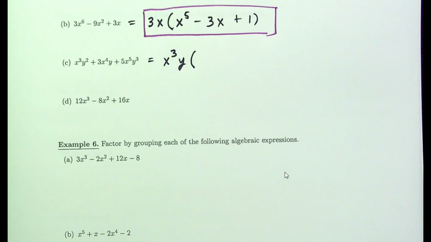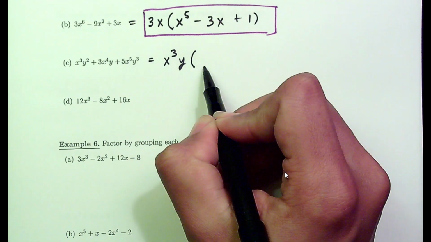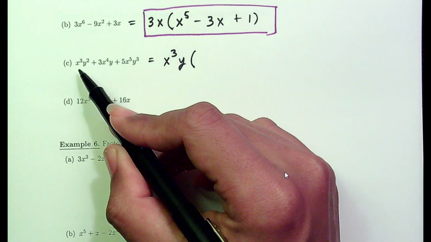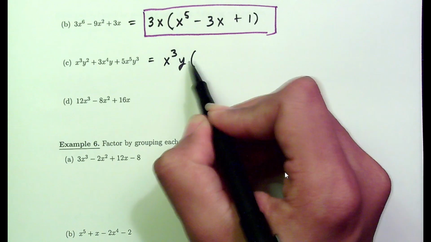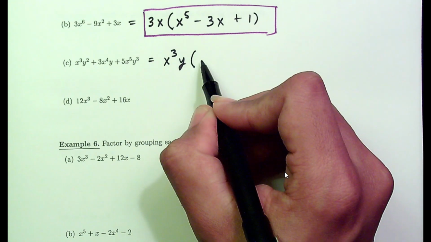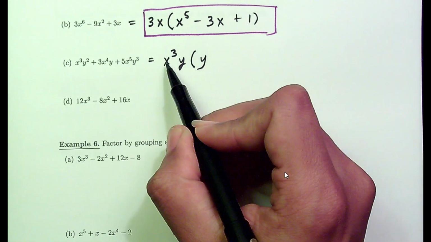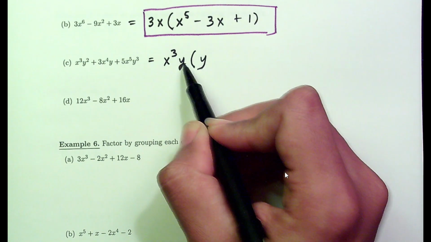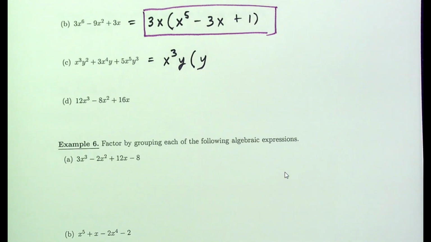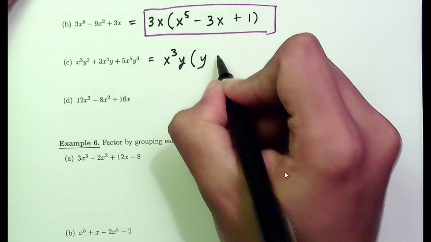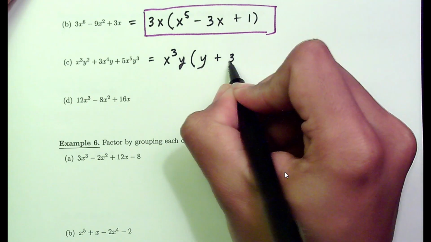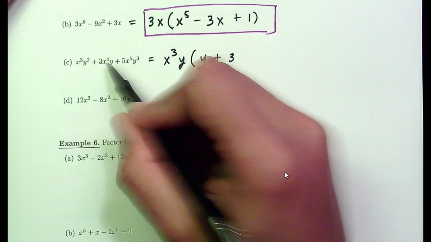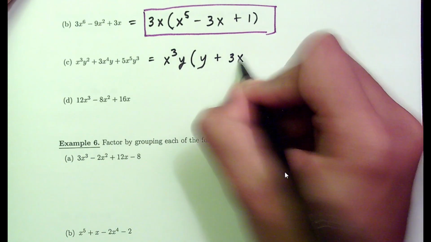And now we think, what do I need here to complete the first term? The first term is supposed to be x cubed y squared. What am I missing? Well, I'm missing a y, because I already have x cubed and one y, so I need another y. Then for the next term, you need a 3. And you're supposed to have x to the 4th. I already have x to the 3rd, so I need one more x.